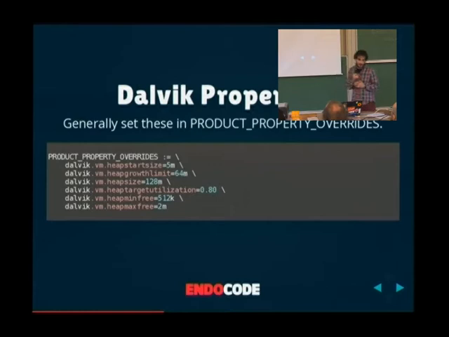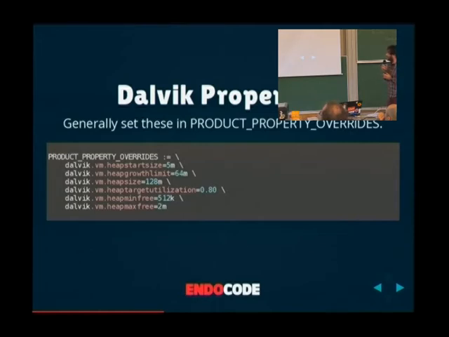And how can you tune the heap for low memory devices? Well, there are 6 properties you can set in product property overrides at build time. These are heap start size, which is the size the heap has when the app is starting. Then there are these 2 that are sometimes a bit confusing.